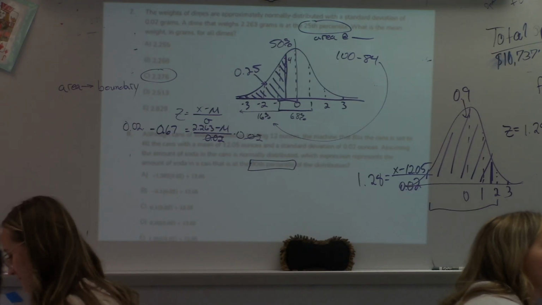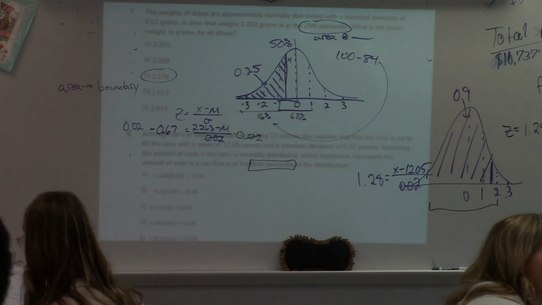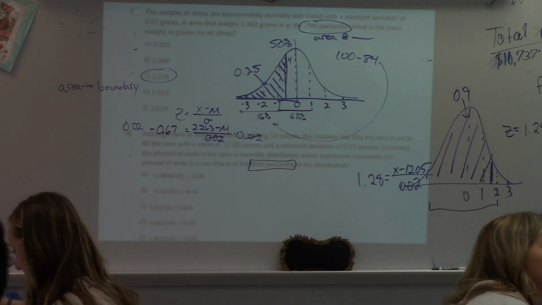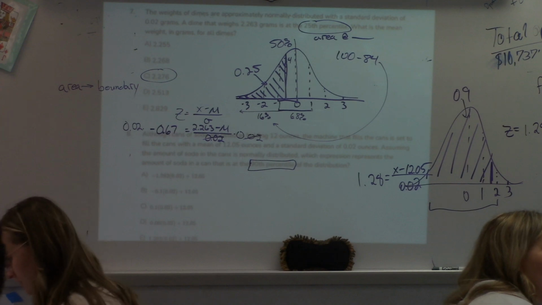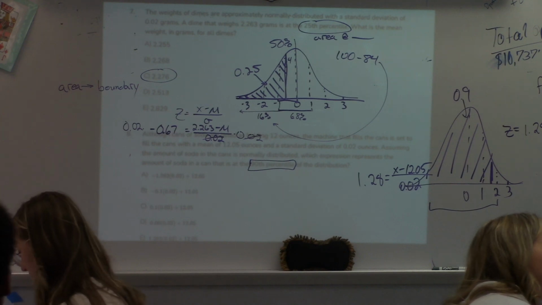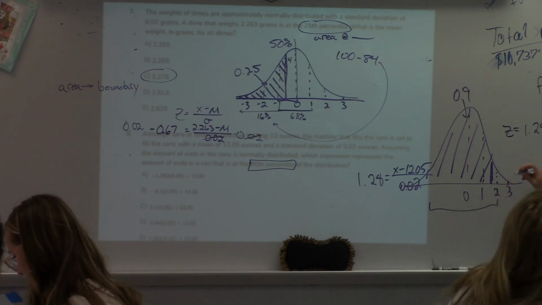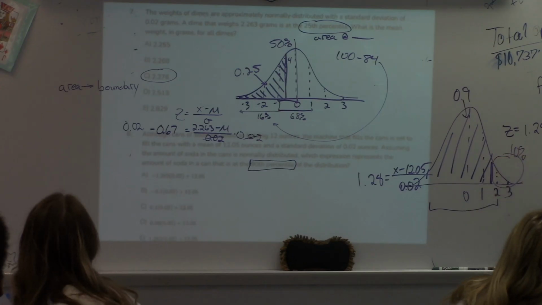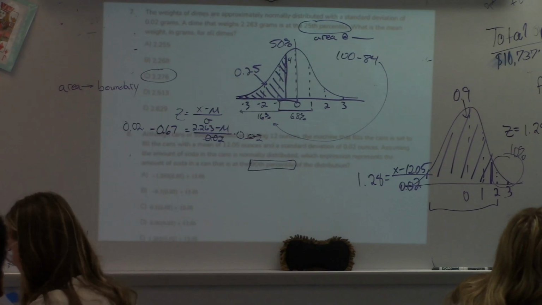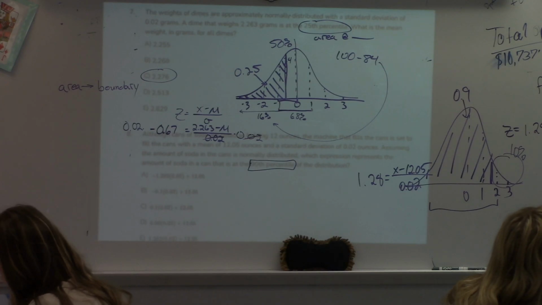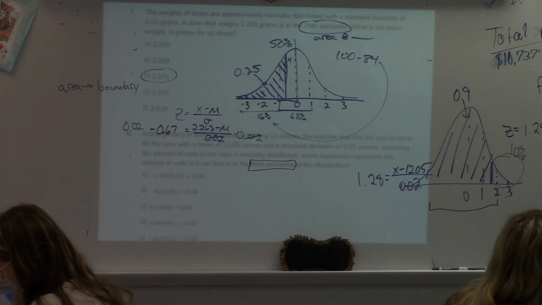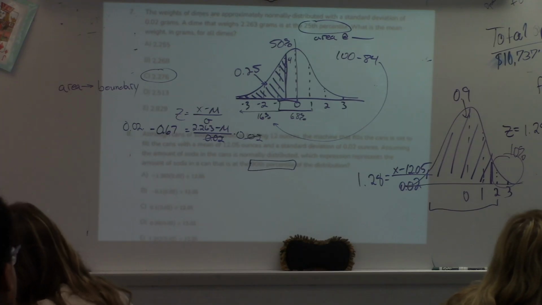Inverse norm, right? Remember that the 90th percentile is an area of 0.9. Now, don't forget this. If they had asked us to find the marker for the top 10%, can the TI Inspire do the top portion? No. Remember, Desmos can do either tail, and you can see it drawn out there.